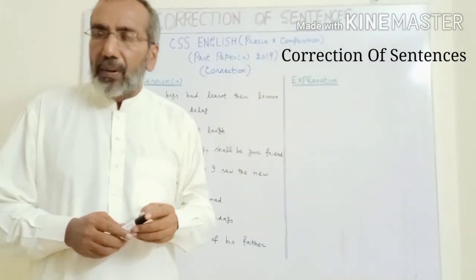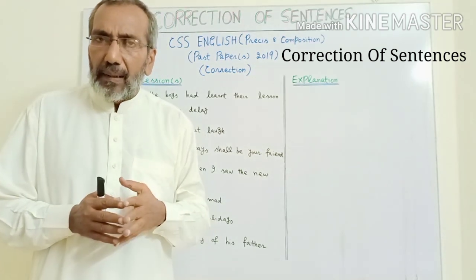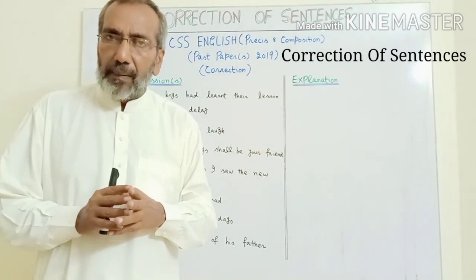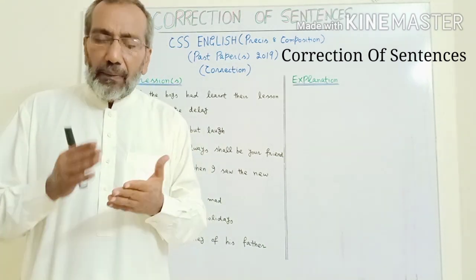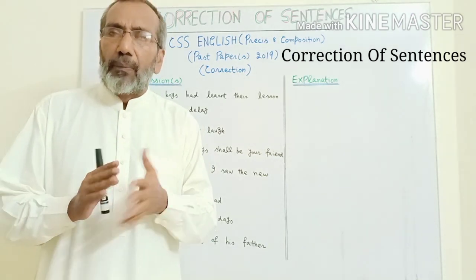What I have seen is that most of the students of CSS just go on focusing on precis writing and comprehension. There are practically 40 to 45 marks. That's good. But the problem is, even if you put in your best effort, you cannot secure full marks in that.